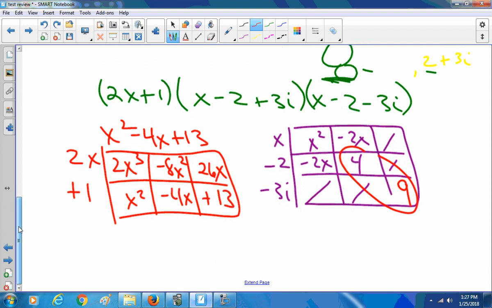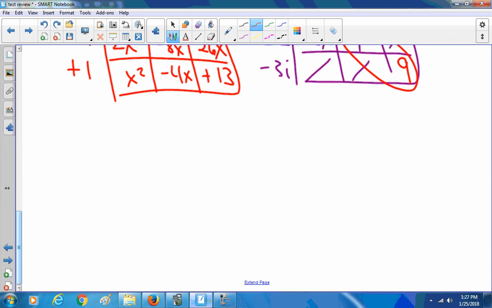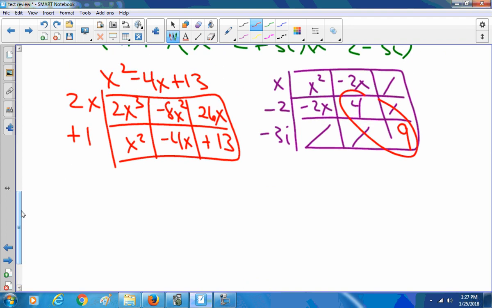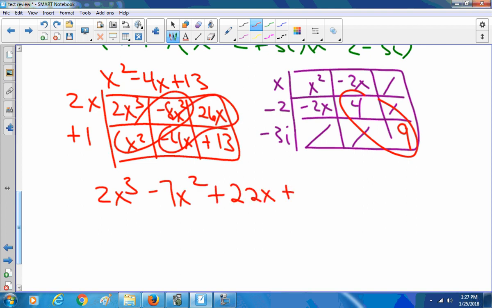Combine like terms, finished off. Gives me 2x cubed minus 7x squared plus 22x plus 13 equals 0. I could ask you for an equation. Make sure you write that equals 0.